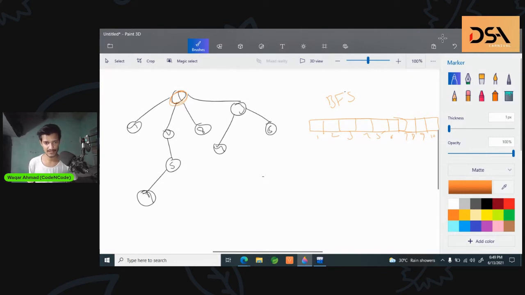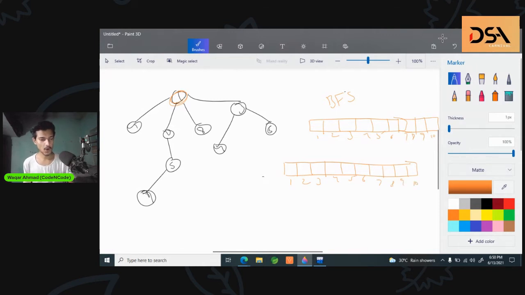So let's create another array which will store the distance of each node. So 1 2 3 4 5 6 7 8 9 and 10.